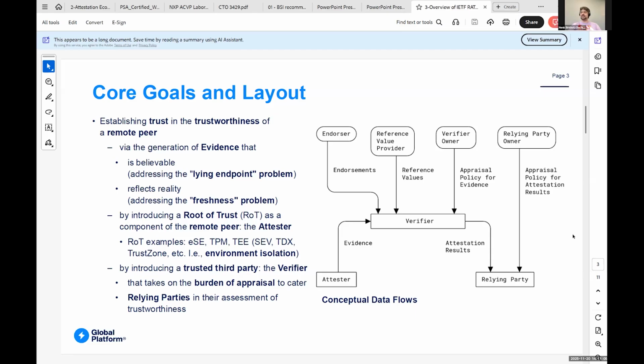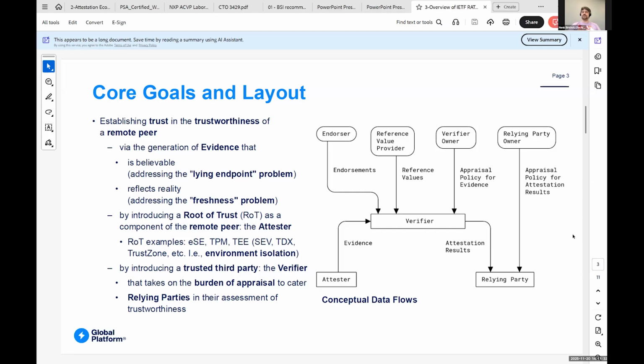So the relying party could in some scenarios be a client, and the attester could be a server, or anything else. It's just that the relying party has to understand that two things are addressed here, and these are solved by generating evidence. You can see evidence coming out of the attester box and going to the verifier, which we will return to later. This evidence solves two important problems. It solves the lying endpoint problem.